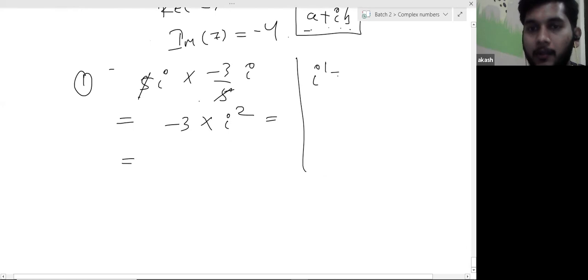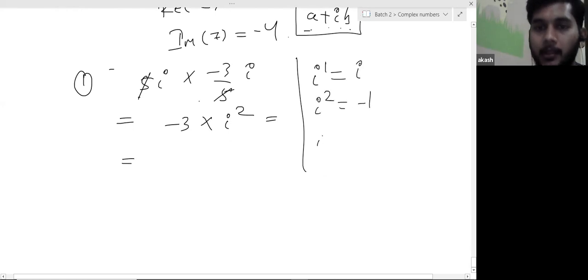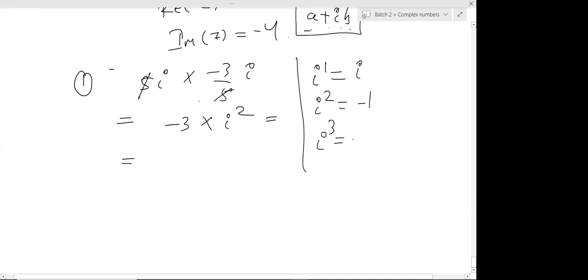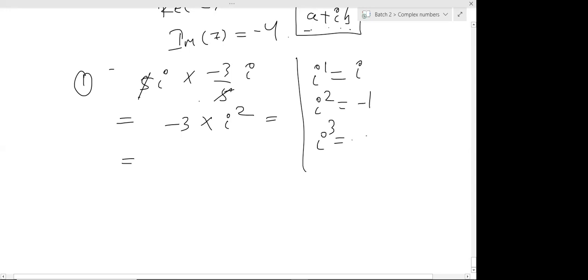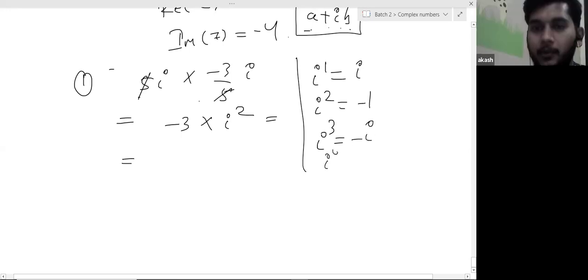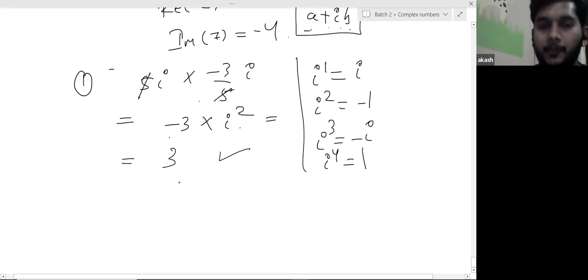I raised to the power 1 is I, I raised to the power 2 is minus 1, I raised to the power 3 is minus I, I raised to the power 4 is 1. So this is minus 3 into minus 1, minus is plus. So the answer is 3.